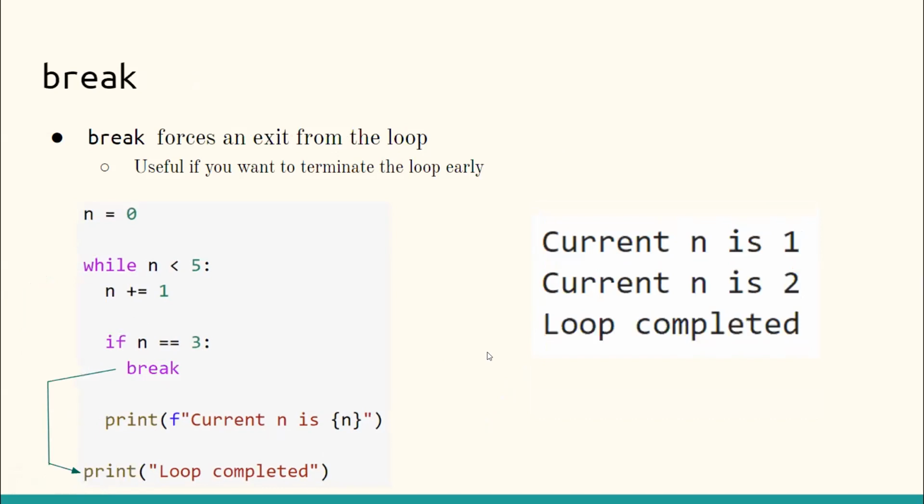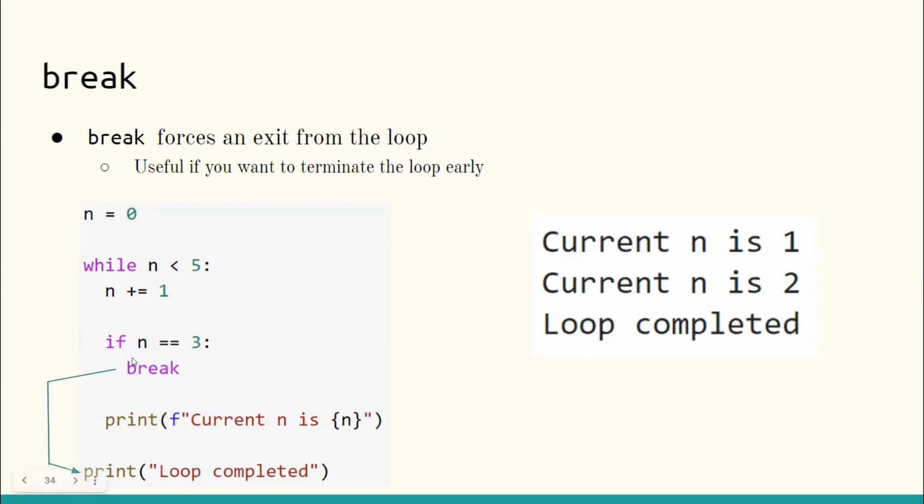Another important keyword to use is break, which forces an early exit from the loop. As you can see from the exact same example, we've changed the continue keyword to a break keyword. So when n is equal to 1, this if statement is false, so it performs as usual. You see the output, current n is 2.